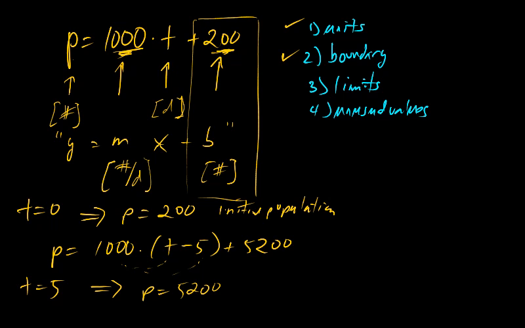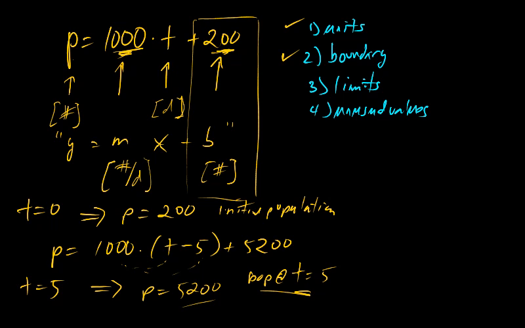And so this is no longer an initial population, but it's the population at time t equals 5, and so it might be the place where you actually have data. So in that way, this would be a boundary.